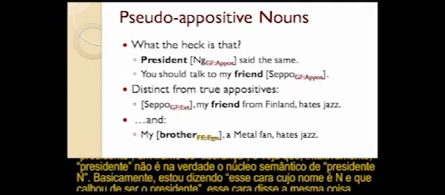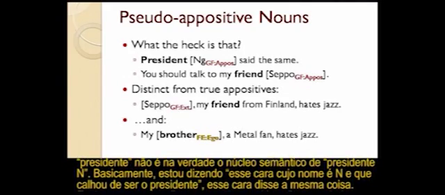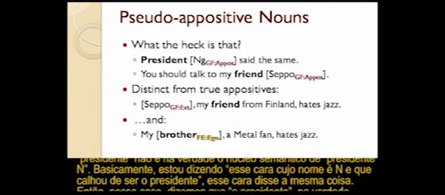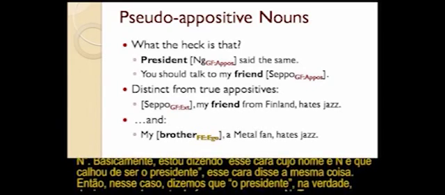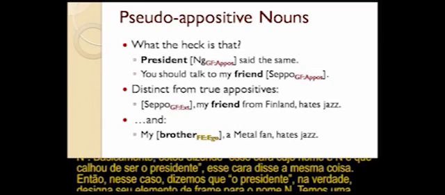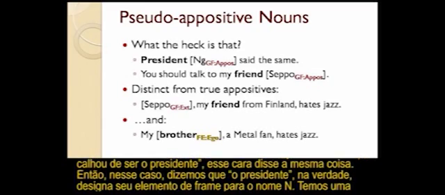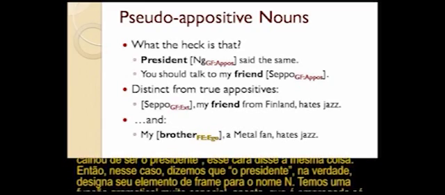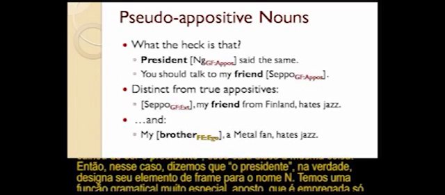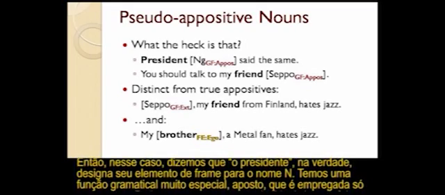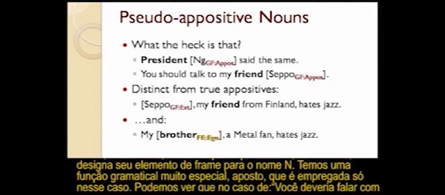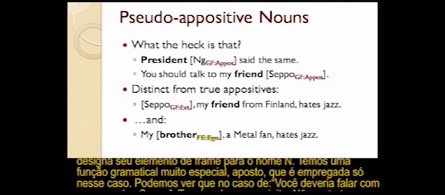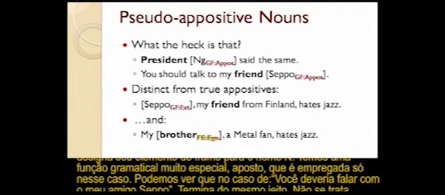And you can see that intuitively, president is not actually the semantic head of President Ng. Basically, you're saying this guy named Ng, who happens to be president, that guy said the same thing, okay? And so in such a case, we say that president actually assigns its frame element to the name Ng.